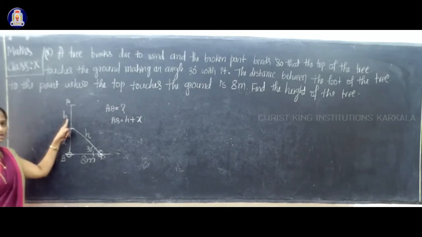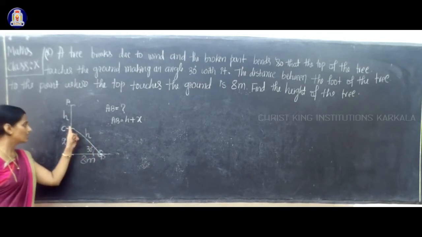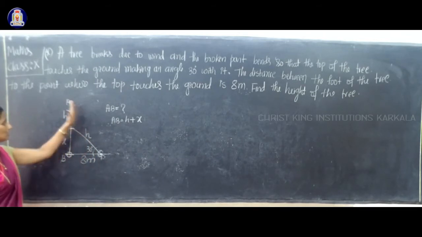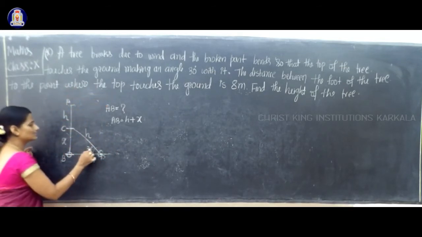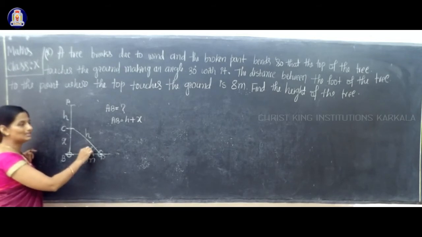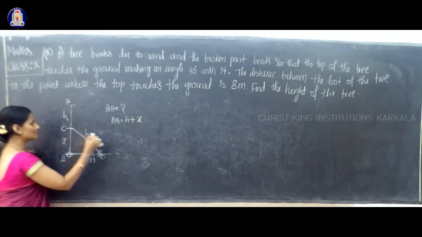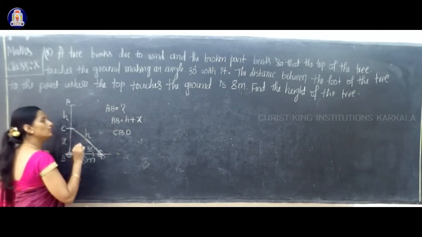Length of AC I took as H and length of CD also H because this is the broken part. Clear? Now if you see this figure, what is your angle? Angle is 30 degrees. With this 30 degrees can you find the triangle? Yes. This is your triangle, triangle CBD. Don't write this now. CBD.